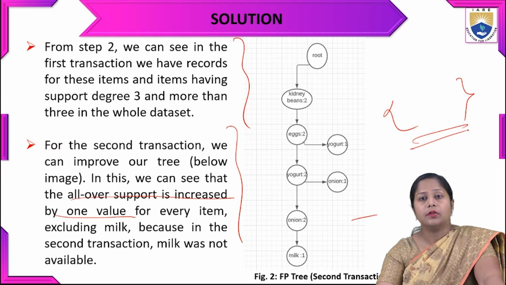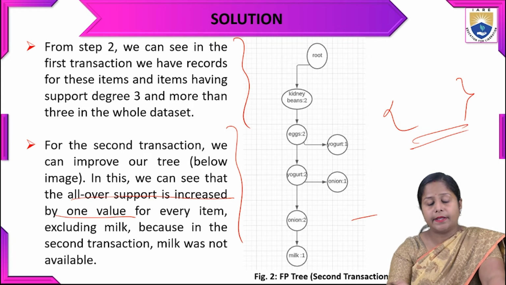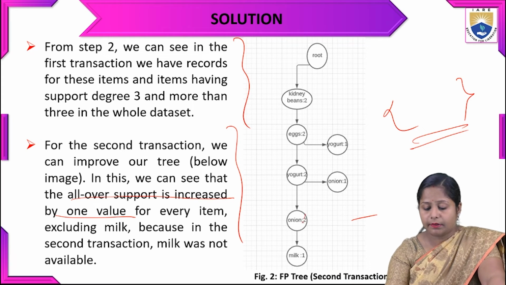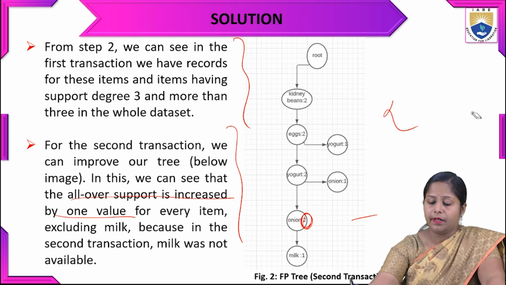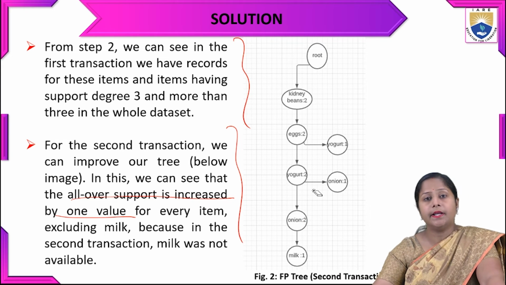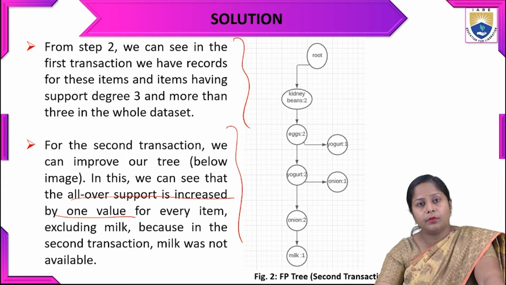So now we have to increase the frequency of items. If it has occurred once, and if it has not occurred again, that will be the same as 1. If that is occurred again, that will be the 2 in count.